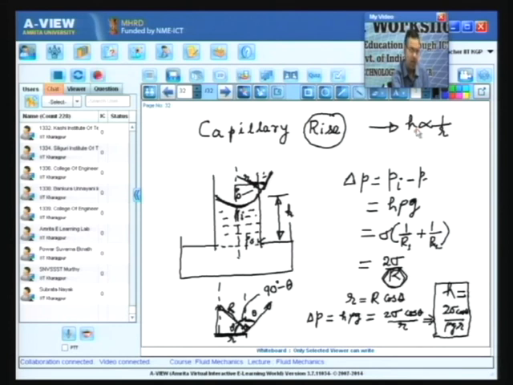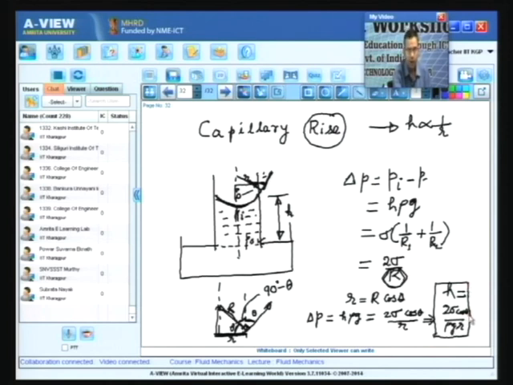So, the relationship between H and r is very important for designing the capillarity phenomenon.